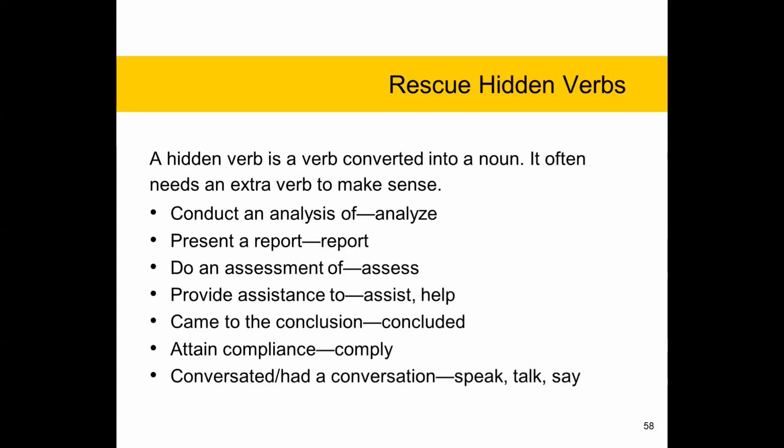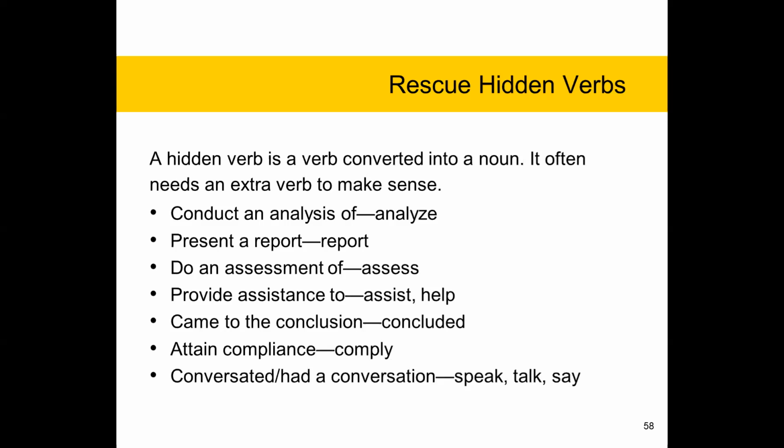So here's another thing: rescuing hidden verbs. And we see this a lot. It's sort of allied to choosing shorter words instead of longer words, which we saw earlier. But what it also does is, verbs have been turned into nouns, and part of your job as a plain language practitioner is to pull out the verbs, because verbs carry a lot of the weight in an English sentence.